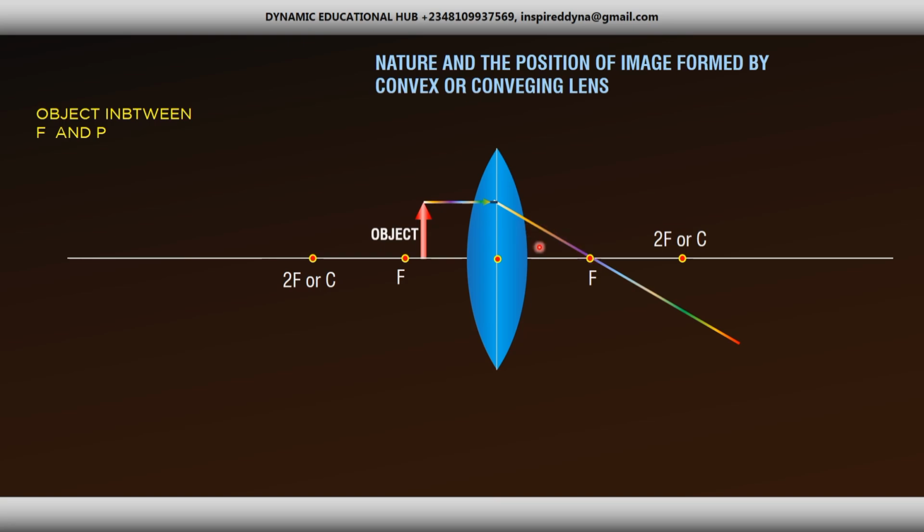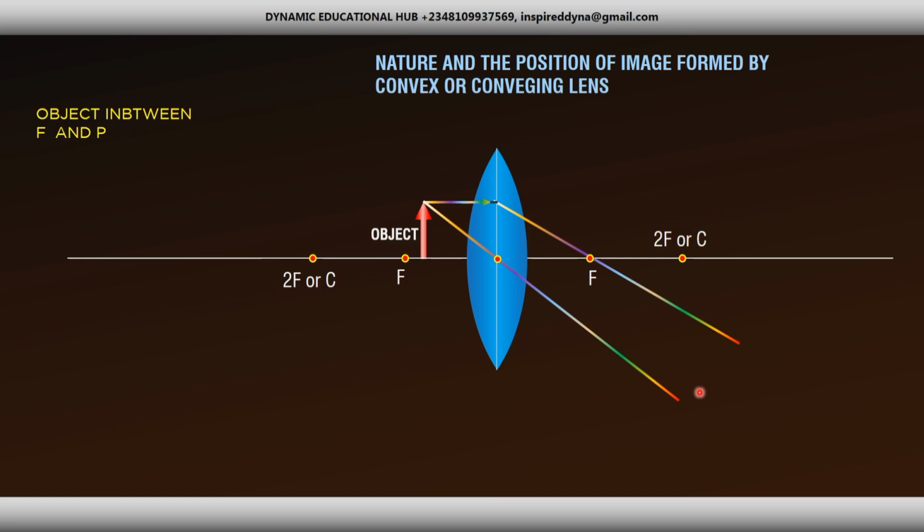Now it is impossible for us to have an intersection of the rays of light. What do I mean? Now look at the second ray that will pass through the center. As I've explained earlier on, the second ray is passing through the center as shown. Now do we have intersection of the ray? No. Then how do we form image?